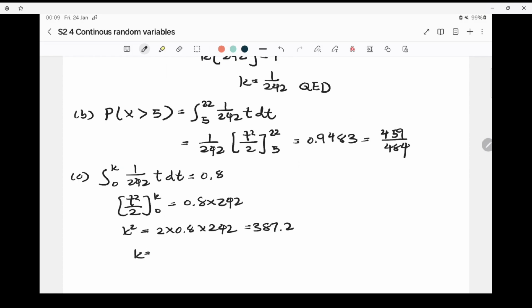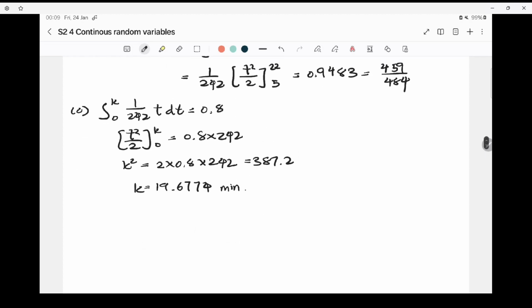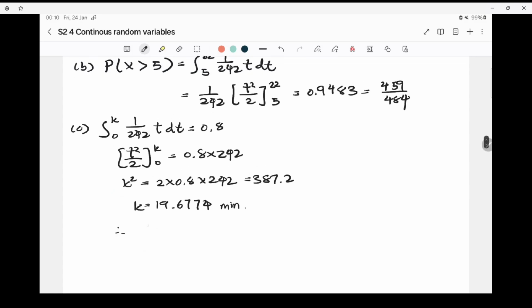So k will be the square root of that, 19.6774 minutes. The reason why I directly discarded the negative portion is because you don't have negative time. So therefore, the claim is justified, since k is less than 20.